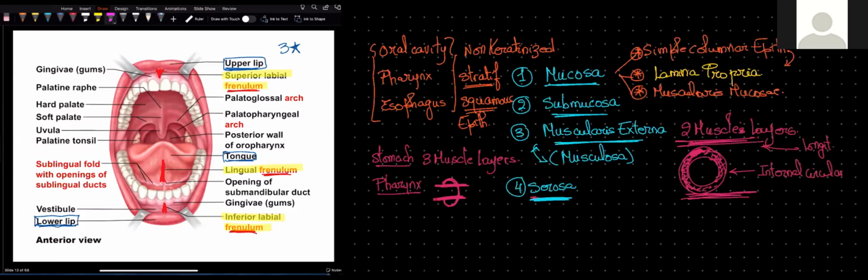If we look at the hard palate, what can we see on it? The hard palate has a line that splits it into two halves. This is called the palatine raphe. And posterior to the hard palate, we have the soft palate.